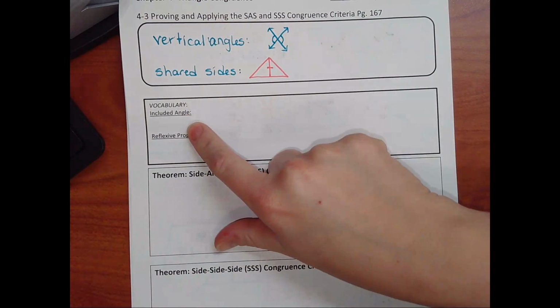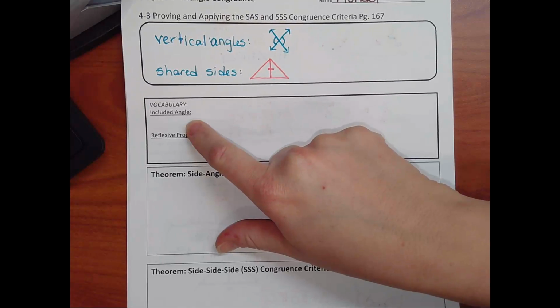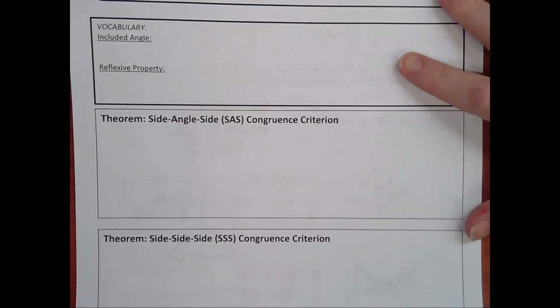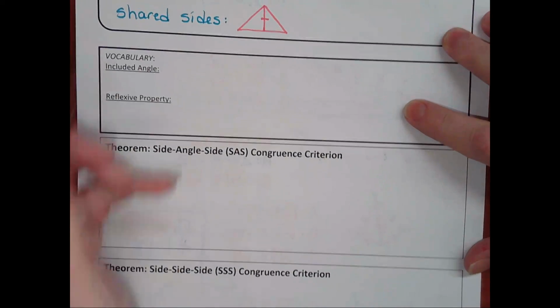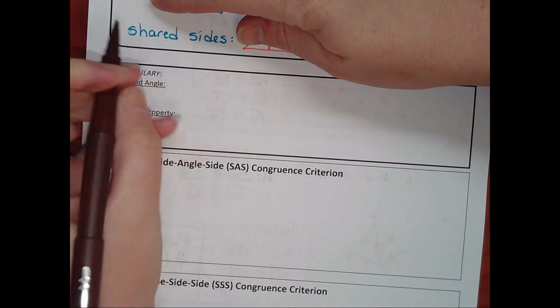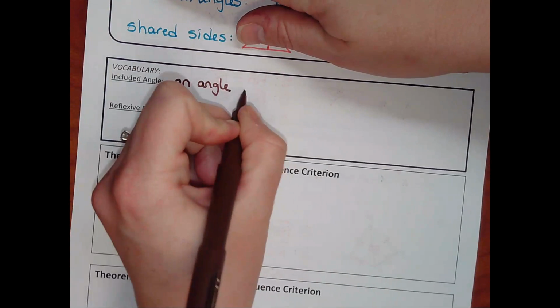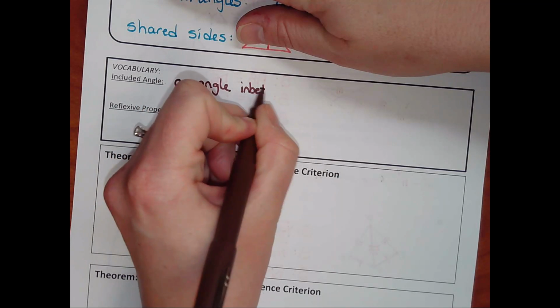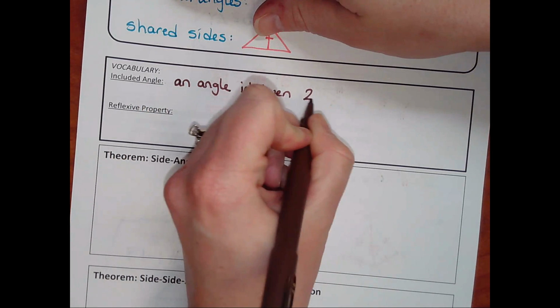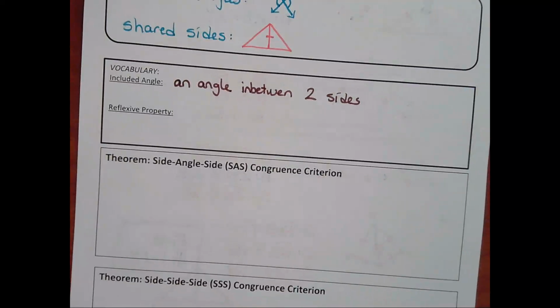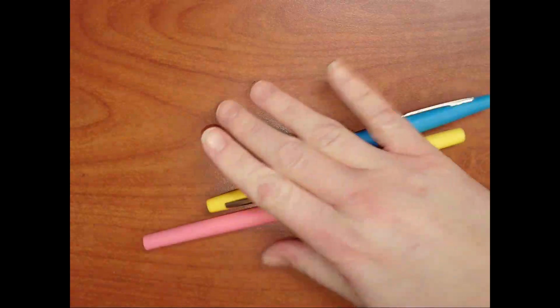So the first thing we need to talk about is this vocab term of included angles. Let me zoom in a little bit here. An included angle is an angle, because we're talking about one, in between two sides. For example, let me grab my pens out again.